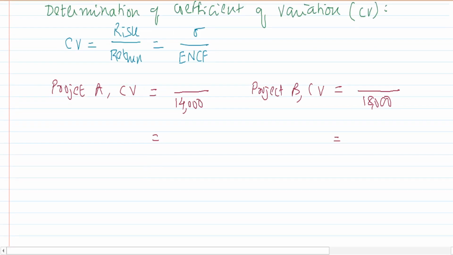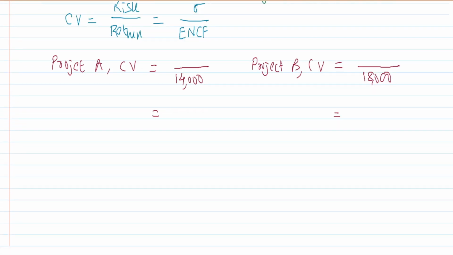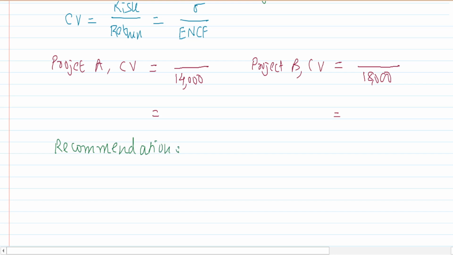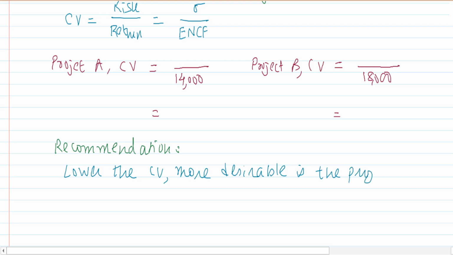They haven't asked us, but we will solve this in a full-fledged manner. We even say recommendation. Remember the rule when you work out the CV: lower the CV, more desirable is the project. Okay, and that's how I'll give my recommendation.